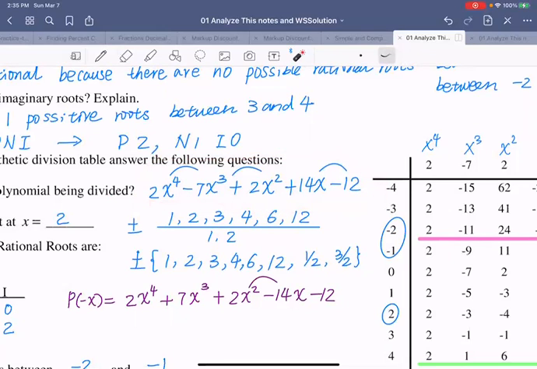P is the number of sign changes, positive to negative. So this is counted as 1. This is negative, this is positive, so this is counted as 2. This is positive, positive, no change, so you don't count. Here is positive, negative, so count 3. 1, 2, 3. So there's 3.